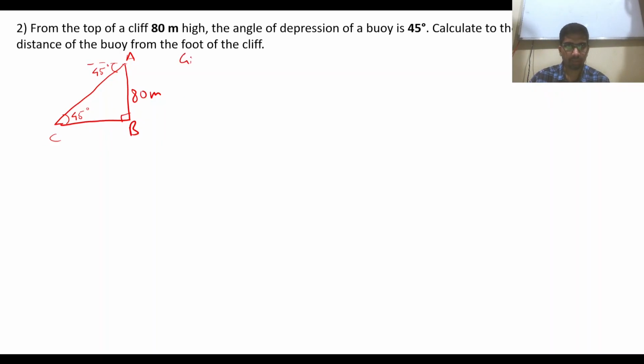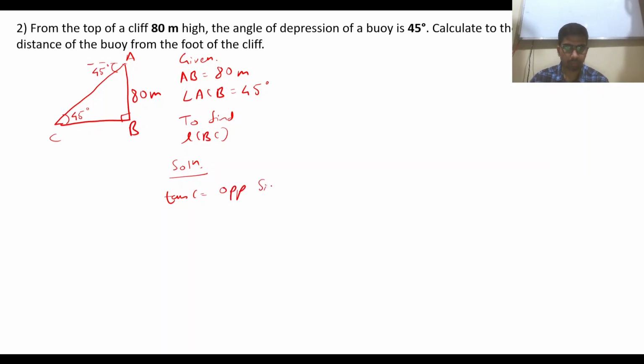So we'll write the given part. Given: AB is 80 meters. Angle ACB is 45 degree. We have to find length BC. Again apply the tan formula. So let's do the solution. Tan C is opposite side upon adjacent side.